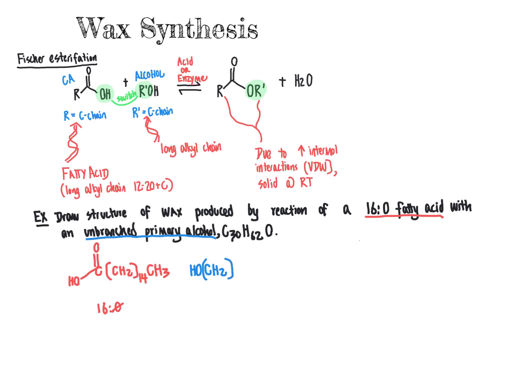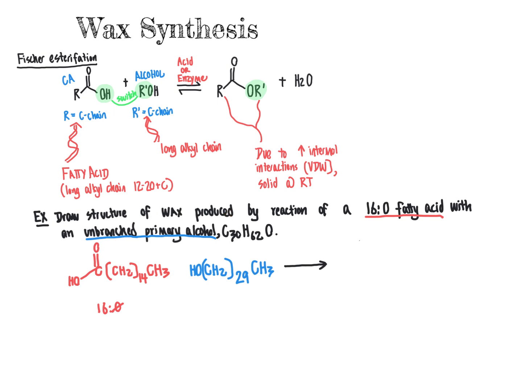In fact, in order to have a formula that has 30 carbons total, we would need 29 CH2 groups followed by one methyl group, so that as a result, all of these atoms would have a complete octet. That gives us our formula C30H62O.